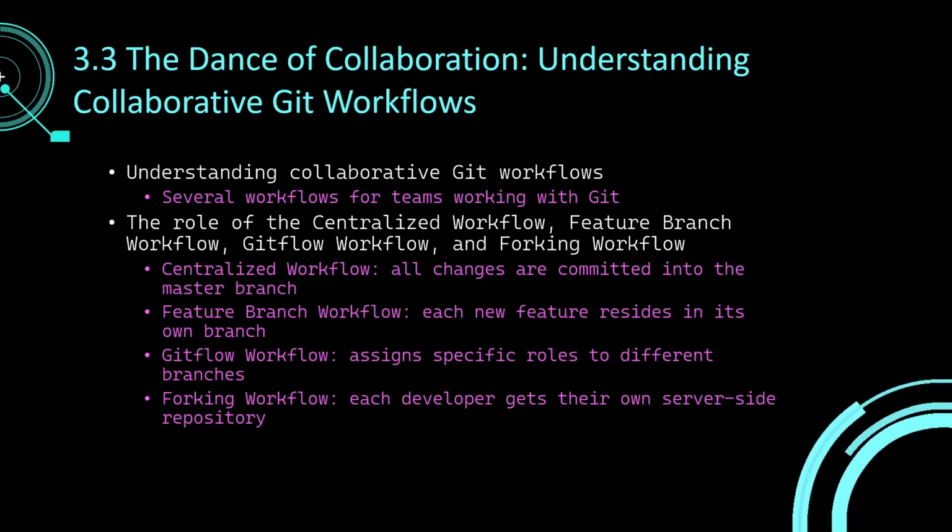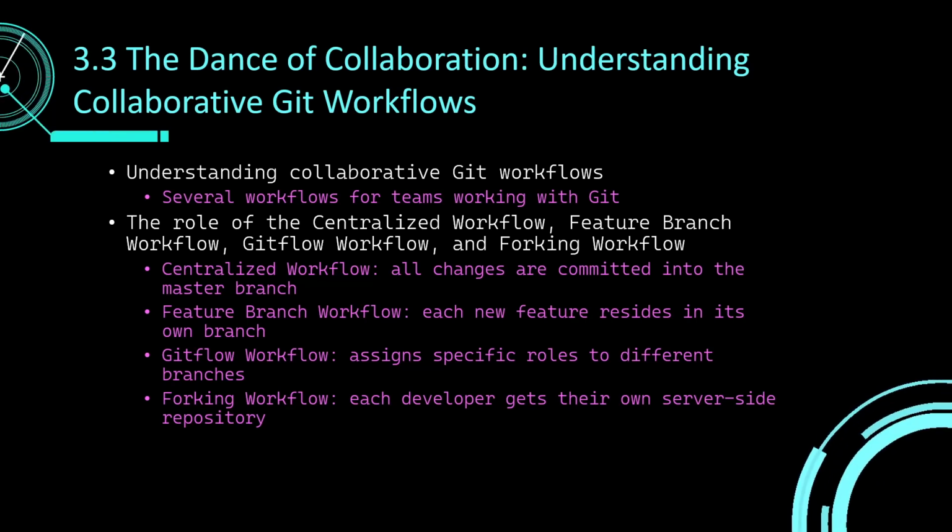One common workflow, which is the centralized workflow, is very simple, but it's the process of having all changes directly committed to the master or the main branch. However, I find this model can lead to conflicts, and it requires meticulous conflict management.